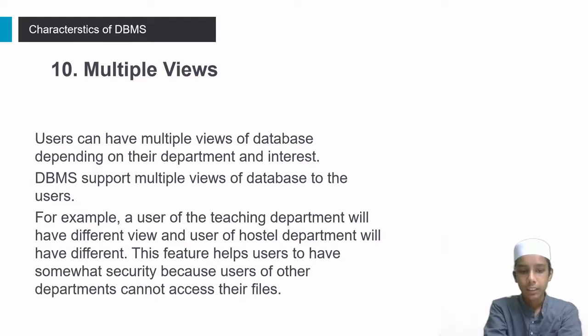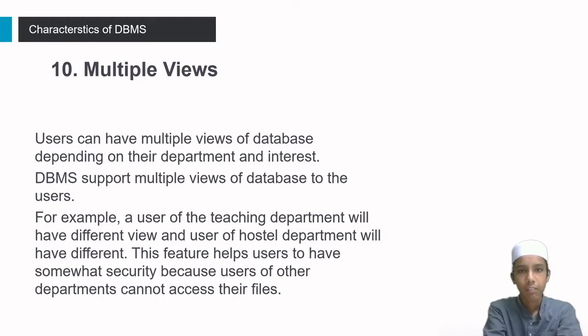This feature helps users to have somewhat of security, because users of other departments, like the teaching department, cannot access the hostel department's data. Users of the other departments cannot access their data, their files.